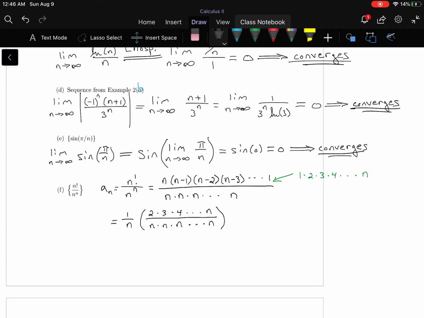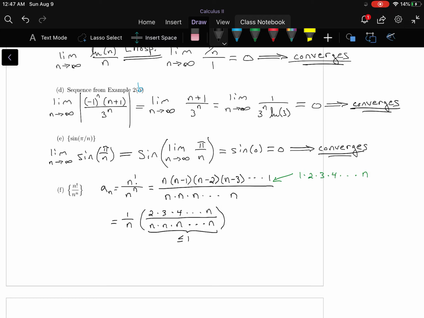And so I'm pulling just that piece outside. Now, n, we know, is going to be sufficiently large, and that means that this is a product of a bunch of fractions. The largest term, n over n, is 1, and so this is definitely going to be less than or equal to 1. And it's good to keep that in mind.